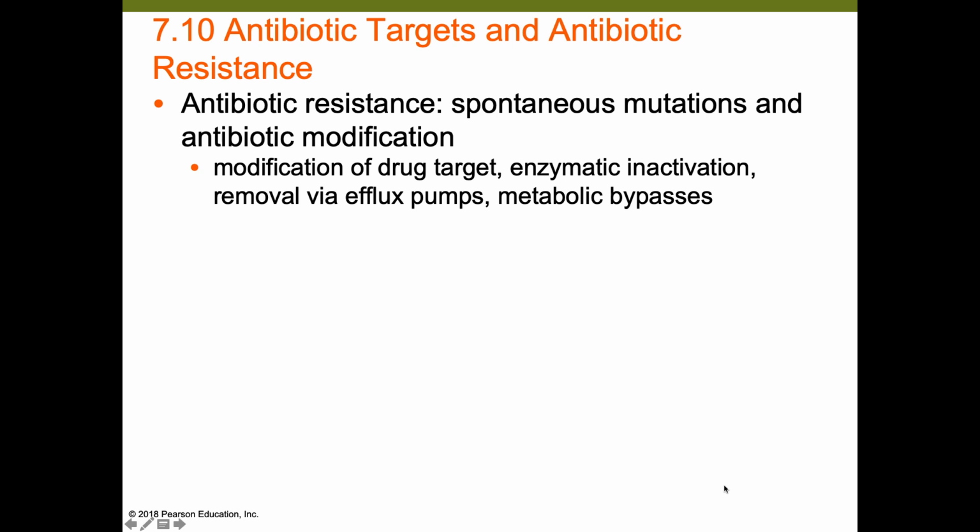But again, we are trying to fight a battle with organisms that reproduce faster than we ever could. And so it's kind of not fair for us, right? We'll never win. Bacteria can always grow faster than we can. They always can evolve faster than we can. And so the ways that they become antibiotic resistant are what we're going to discuss next.